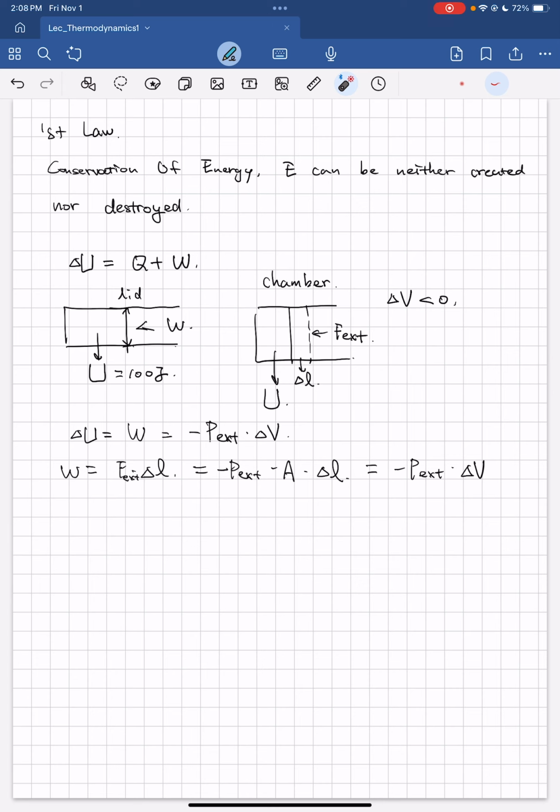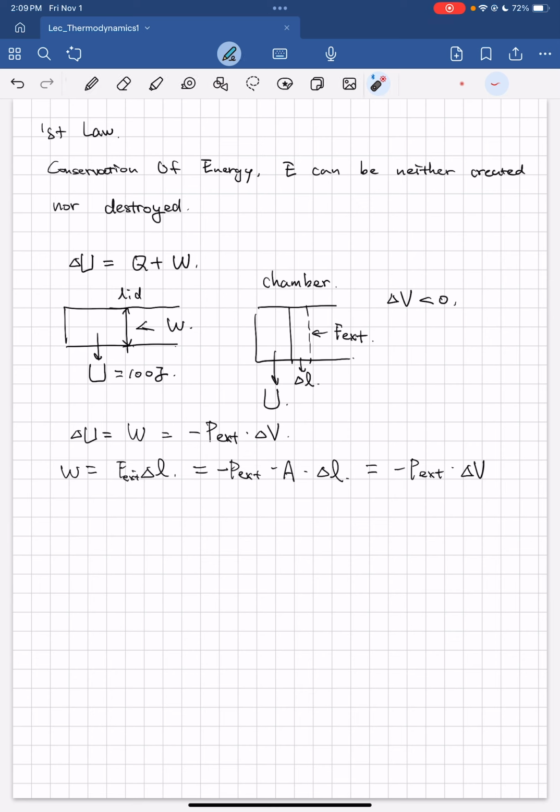So when you do positive work, which is you contract the system and the system's volume is reducing, then you did positive work. Of course, the system's energy is going to increase because you did work to the system. So if the system's energy is increasing, W has to be positive.